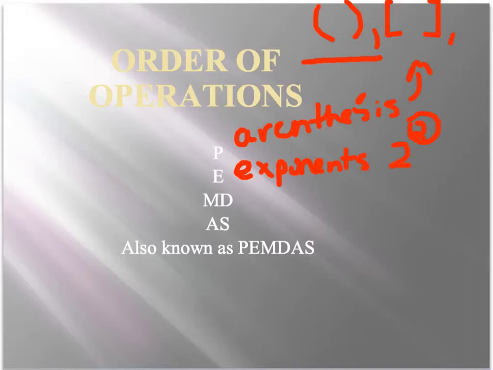Now this next layer down, I've got M and D next to each other. Because really what you do is you want to multiply or divide whichever comes first. So I'll write first, left to right.